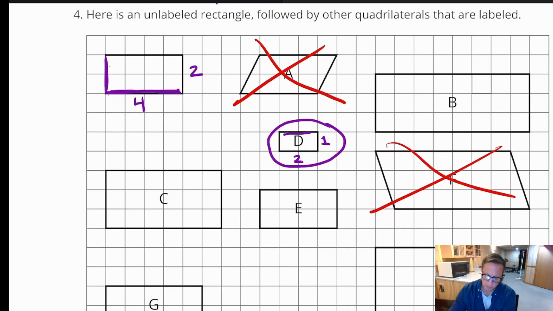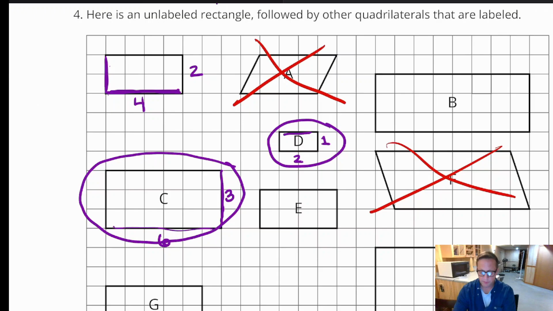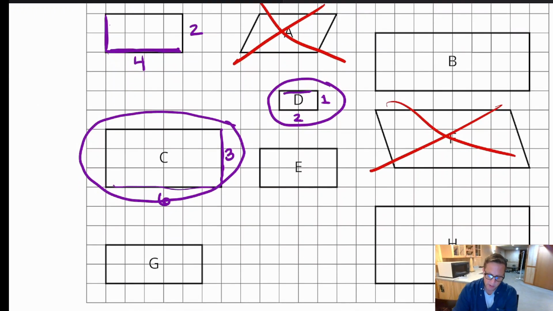Right here, on C, that's 3. And if this is 6, then that's the scale, which it is. So that's the scale. See, it's pretty simple to find this. Right here, this is 2, and this right here is 5. And so that is definitely not a 2-to-4 or 1-to-2 relationship, so that is not to scale.